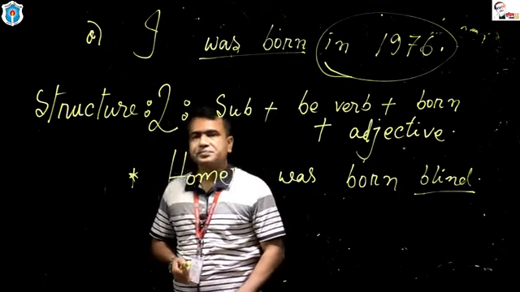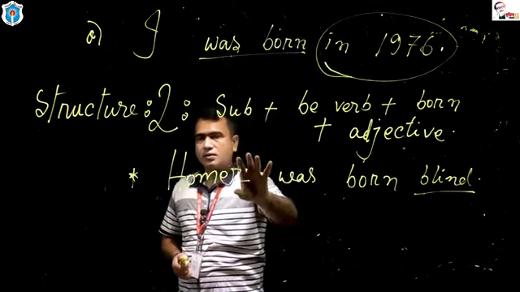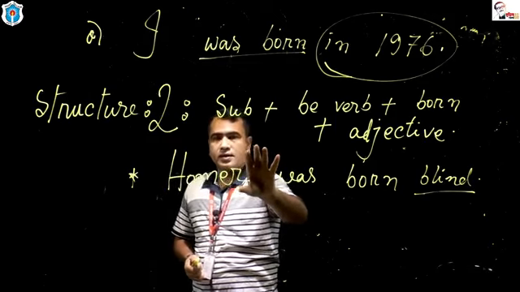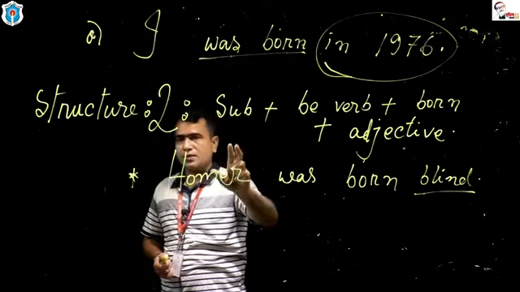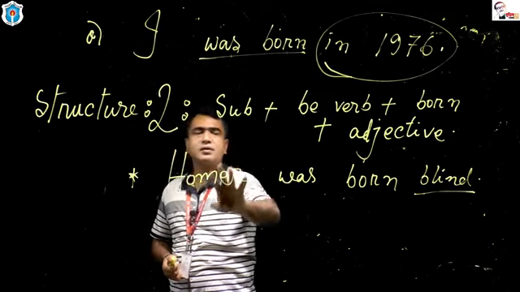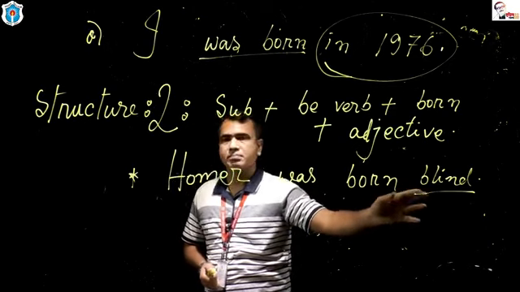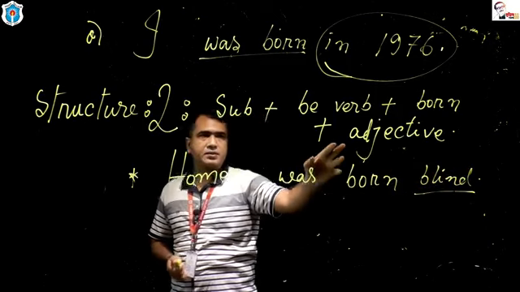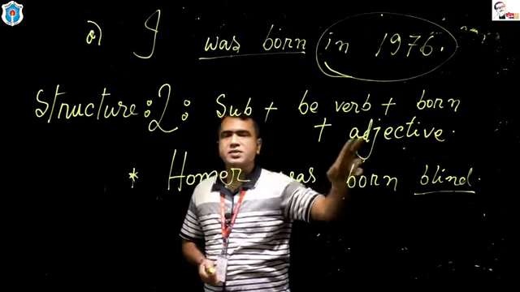If you take English in your honors as your subject, then you will find Homer. Homer was born blind. Here the word blind is an adjective that we have used according to this structure.